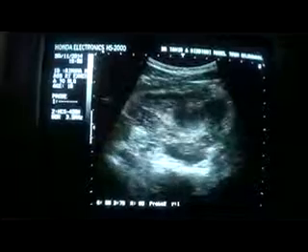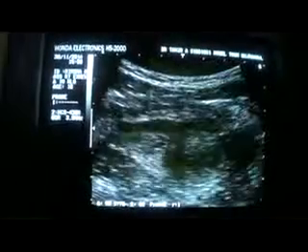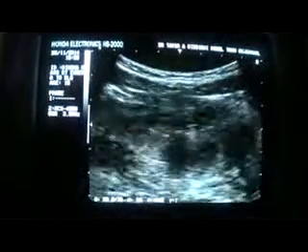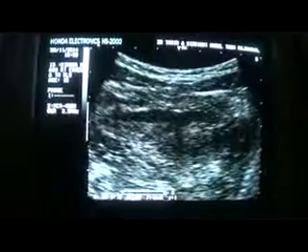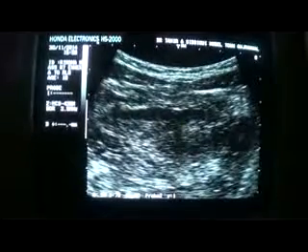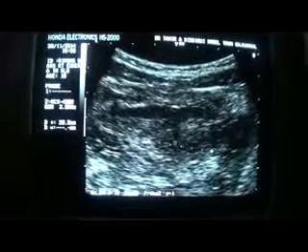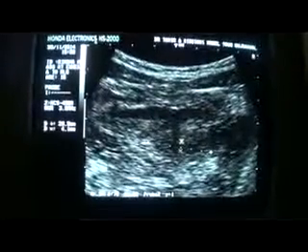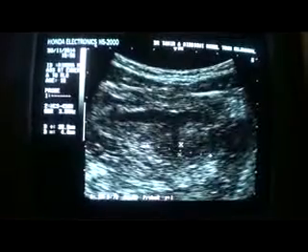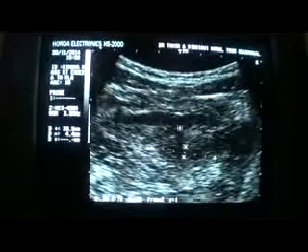Now this is the uterus in transverse section. This is the endometrial canal, central, clear, measuring 4.4 mm.